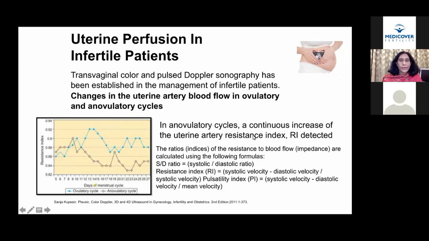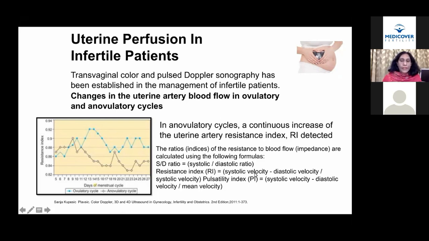Blood flow in the uterus. Color Doppler can be used, for those who have good machines, and the changes in uterine artery blood flow can be assessed. In anovulatory cycles, there is a continuous increase in uterine artery resistance.